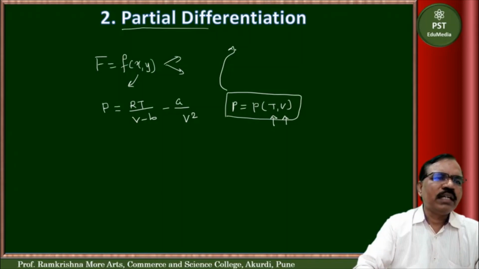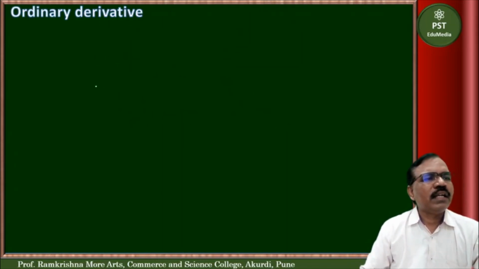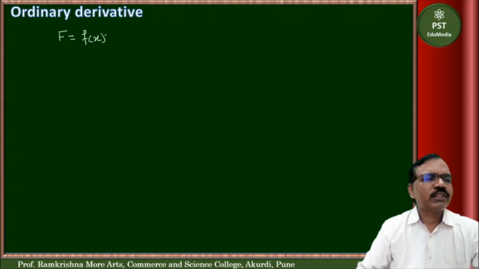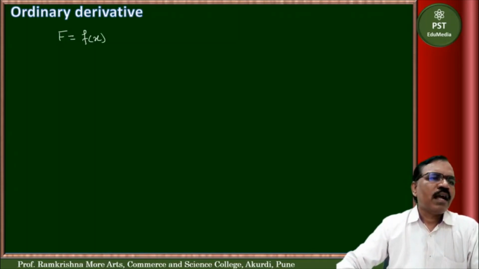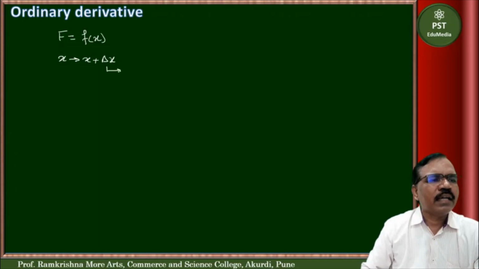Before going to partial differentiation, let us study ordinary derivative. What is the meaning of ordinary derivative? So suppose we have some function f that is a function of a single variable, f of x, and suppose x changes to x plus delta x, where delta x is small.